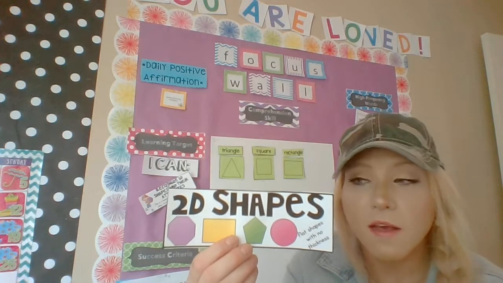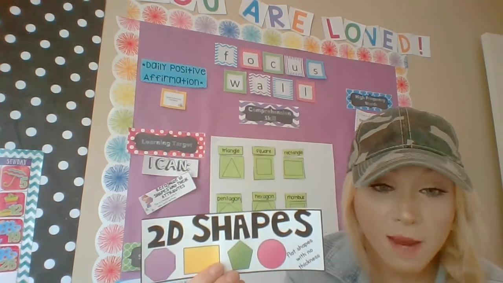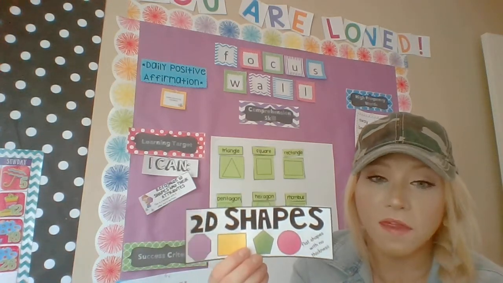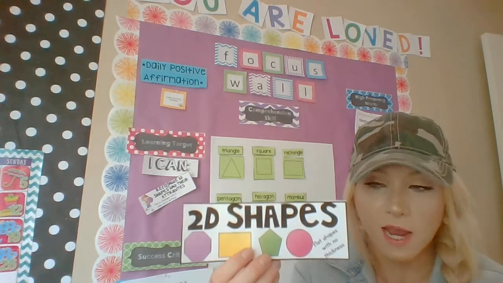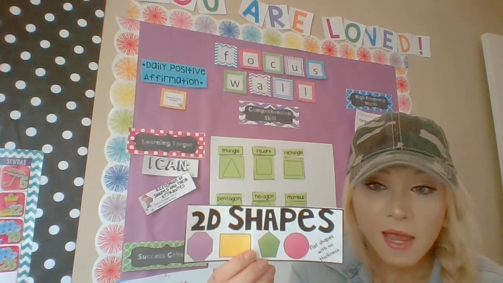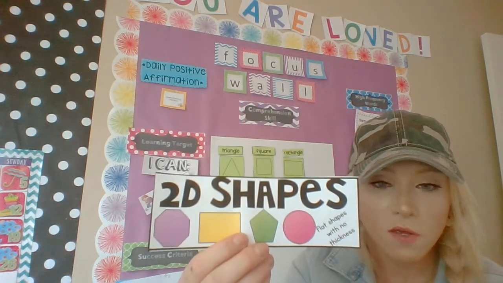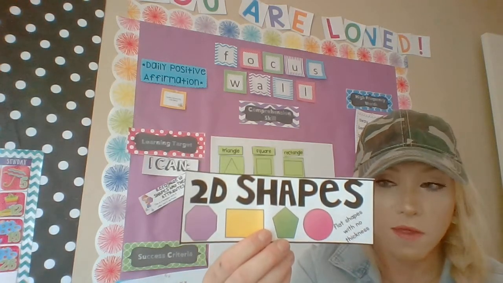They're specifically called 2D shapes. A 2D shape is any shape that is flat and not thick, so it's not 3D. These are the types of shapes we're going to be talking about all this week, and next week we're going to be doing different types. We're focusing on 2D shapes, flat shapes that aren't thick.